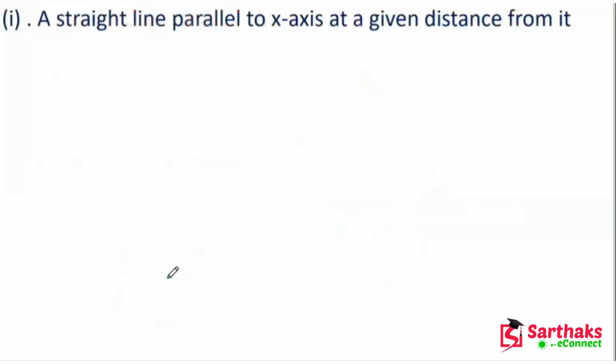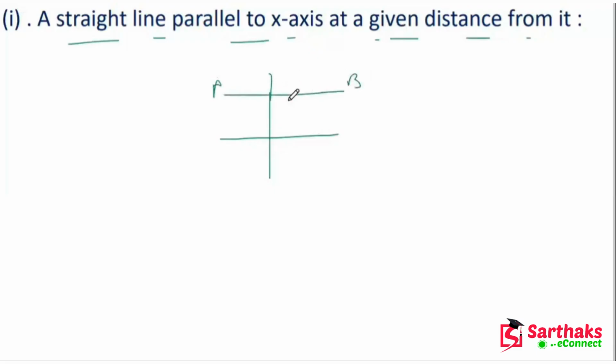Now, a straight line parallel to the x-axis at a given distance from it. So AB is a straight line, let's suppose. This is a graph, this is the AB line, and this is point P, x comma y.